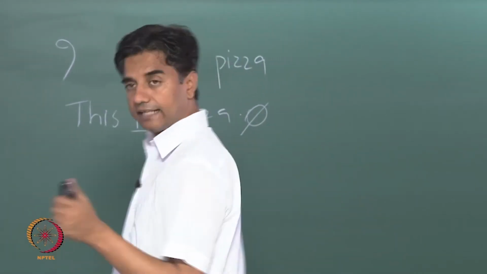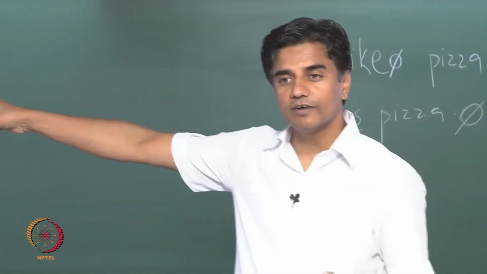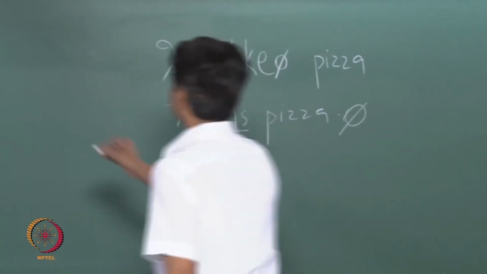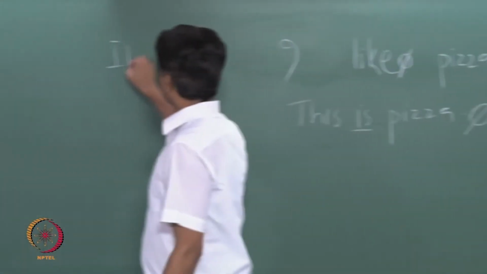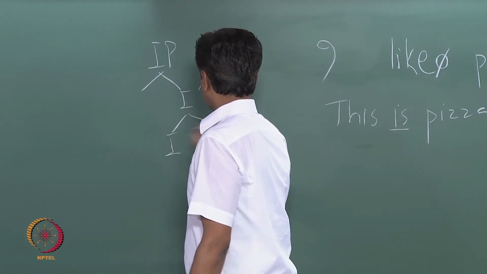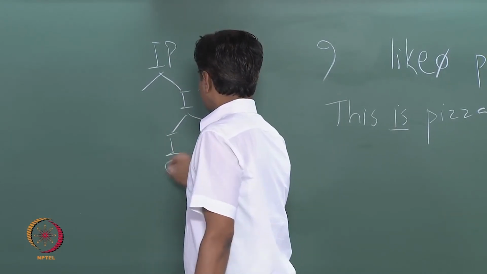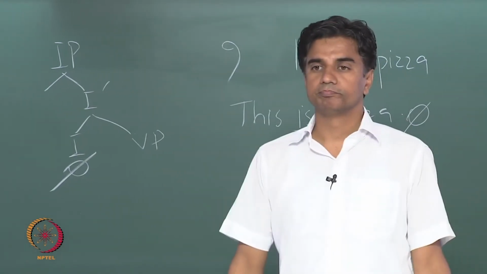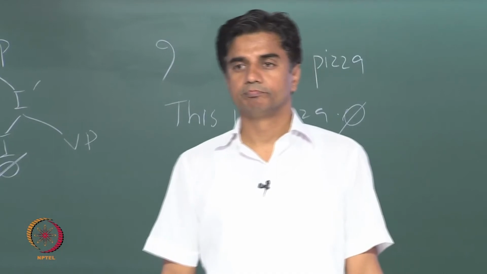In that structure, what do you see here in place of I? Present tense. In that case, you will see zero. So this particular sentence, John, first of all, it should be likes pizza in the evening.